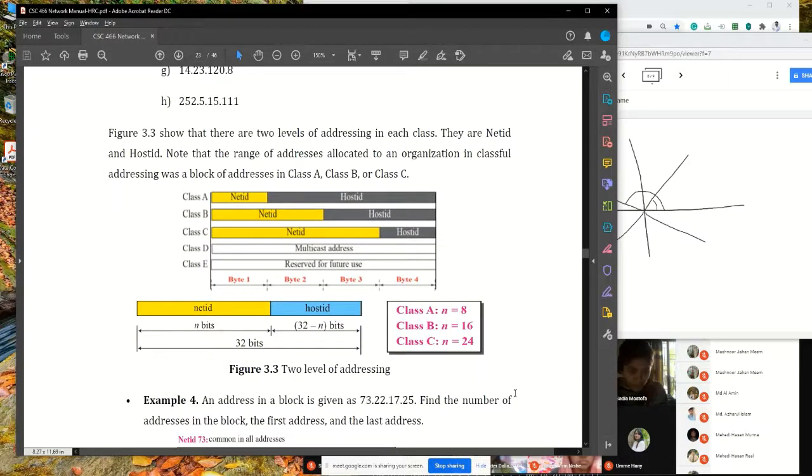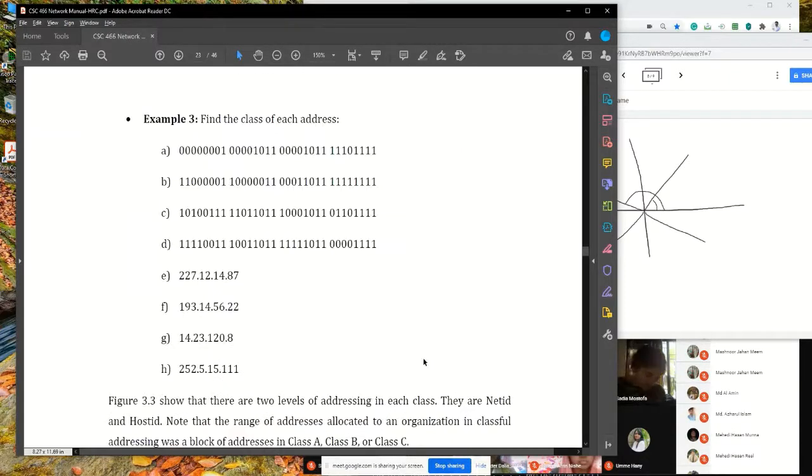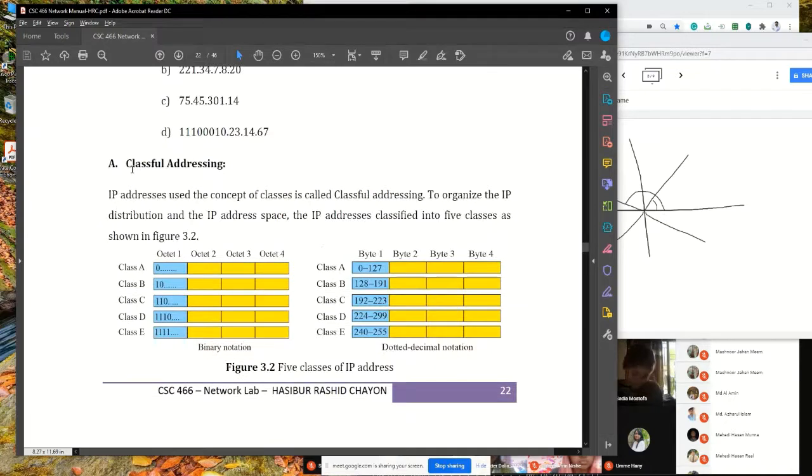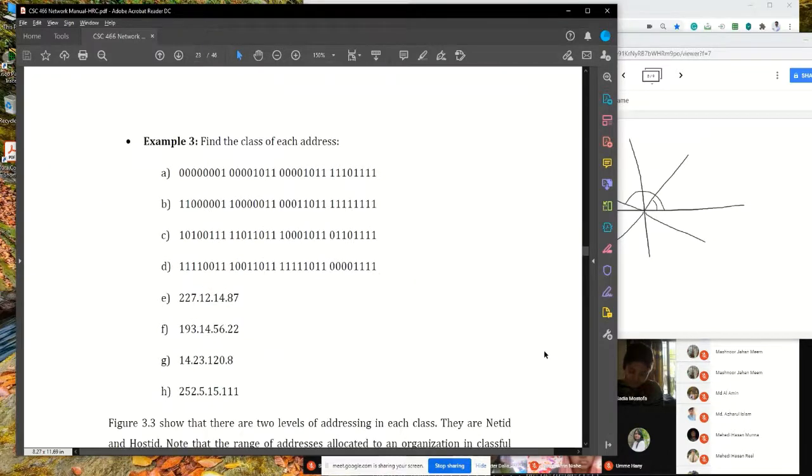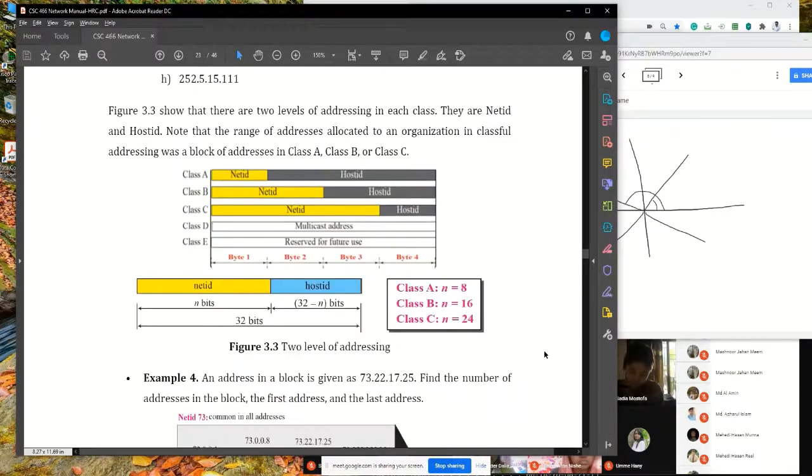Depending on the class, this is true for classful addressing. Do not get confused when we discuss classless addressing, that is a different case. So in classful addressing, we have the network part and the host part.